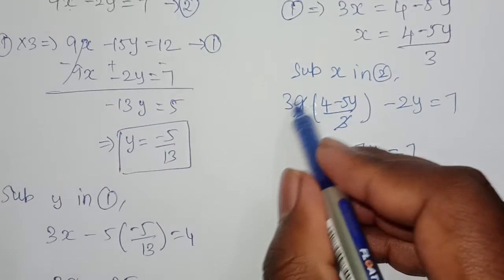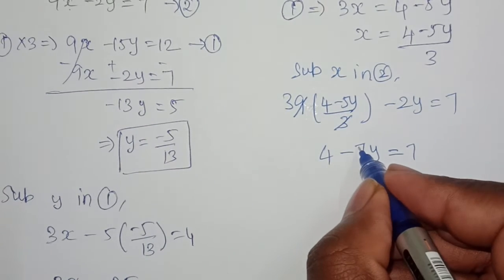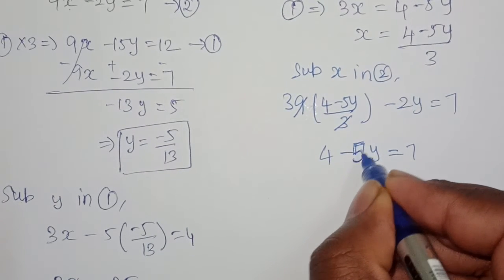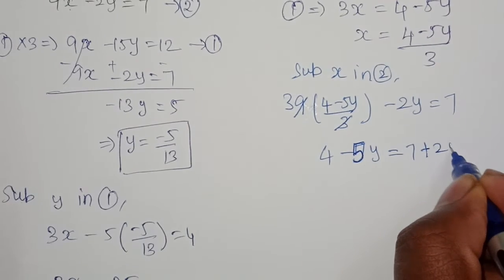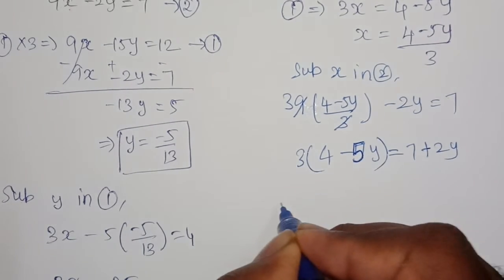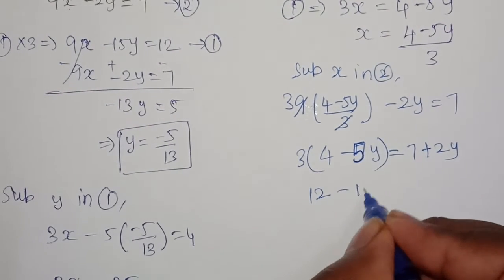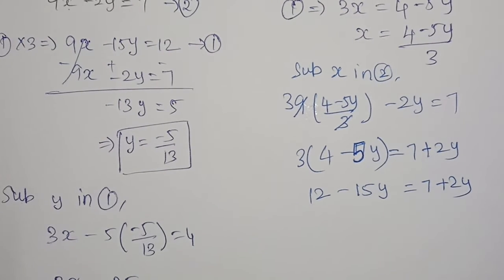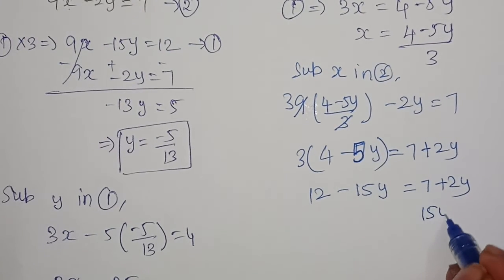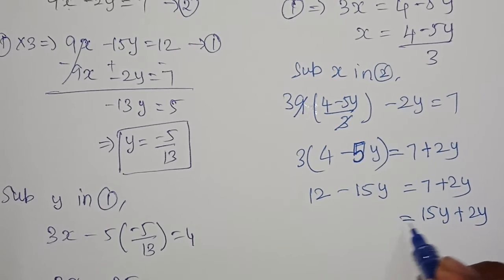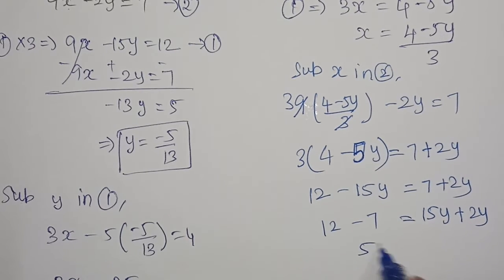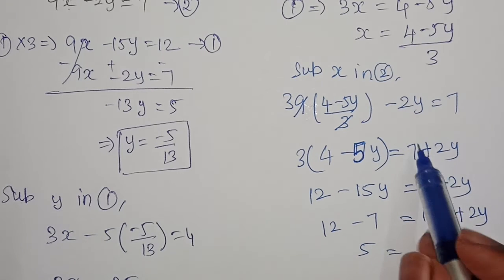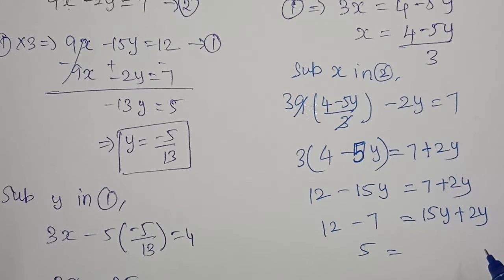Before subtracting we should multiply, therefore 12 minus 15y is equal to 7 plus 2y. Taking this to that side, 15y plus 2y is equal to 12 minus 7, which is 5.